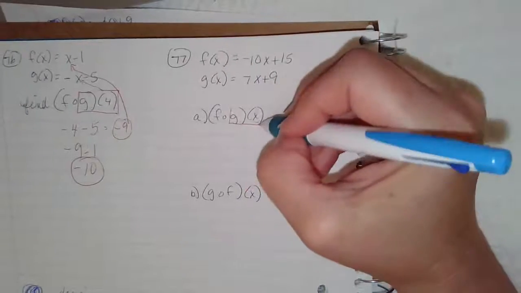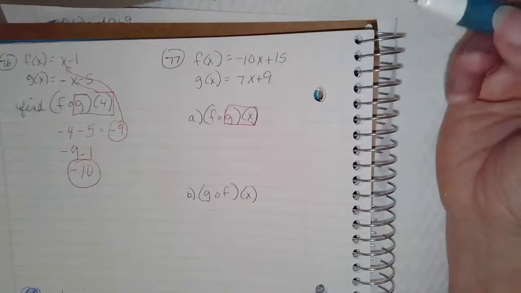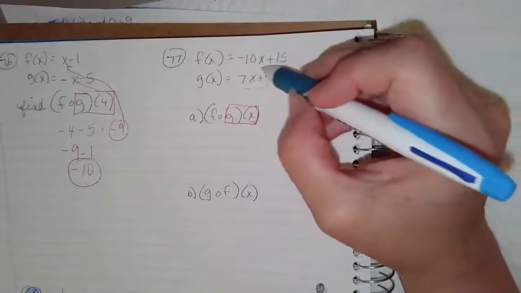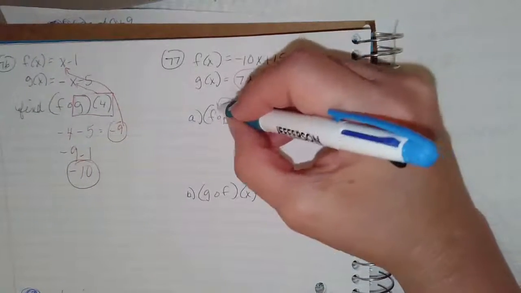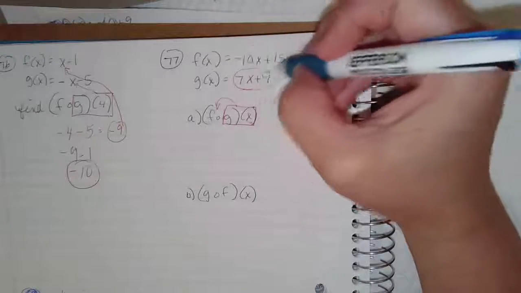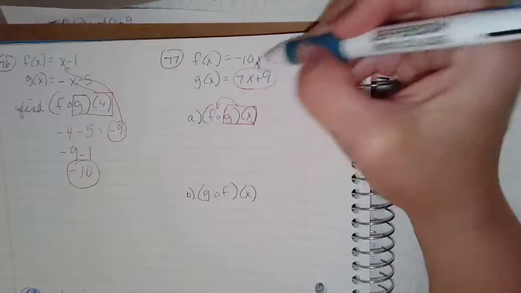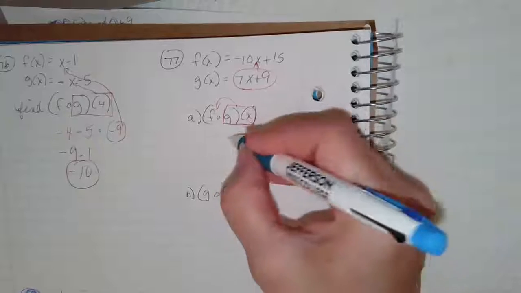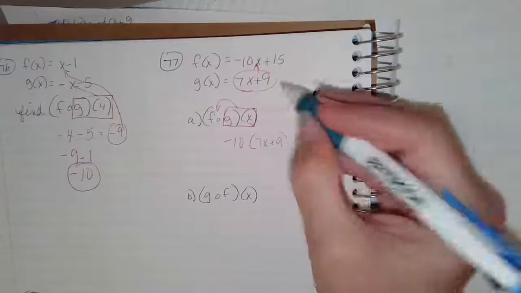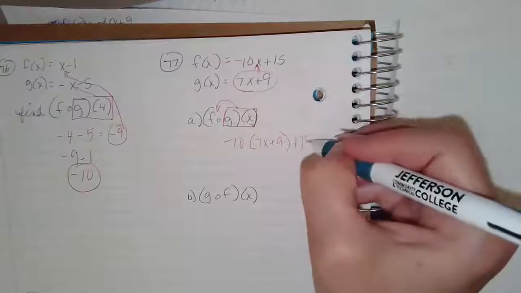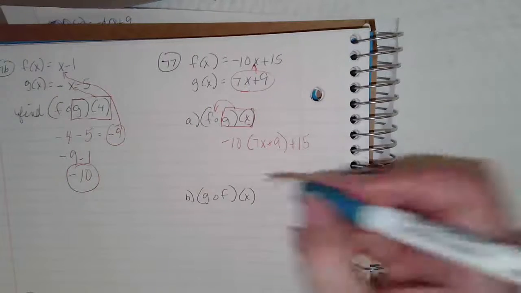So we take generic g of x, can't work it out, just take all the algebra, all the terms of g of x, and plug in to function f. So function f is up here. It only has one x value, so we plug that into the x. We get negative 10 times 7x plus 9, and then we'll say plus 15. Then we distribute and simplify.